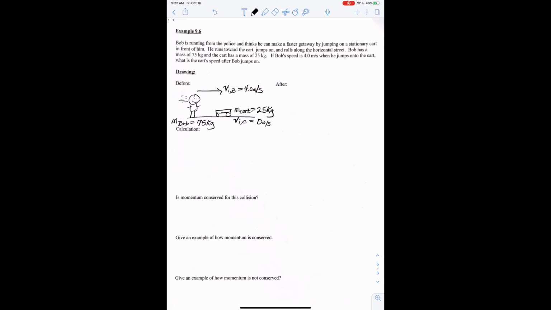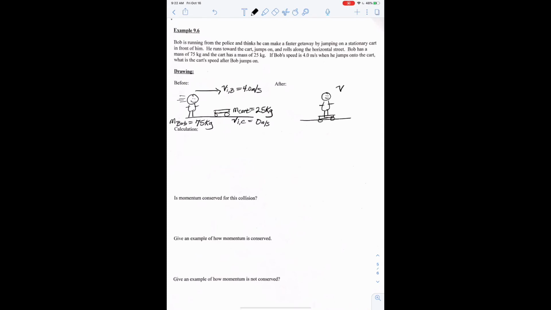Then finally, Bob jumps on the cart. Bob and the cart head away and towards the right. And the question is, how fast? I'm going to go ahead and make the mass Bob plus the cart.